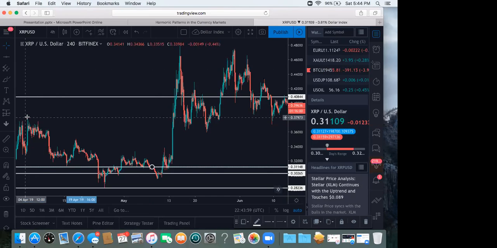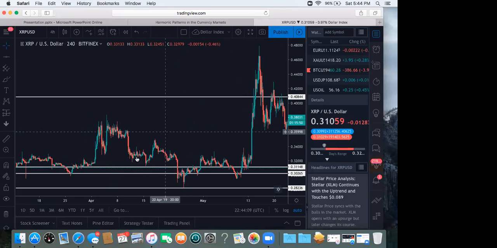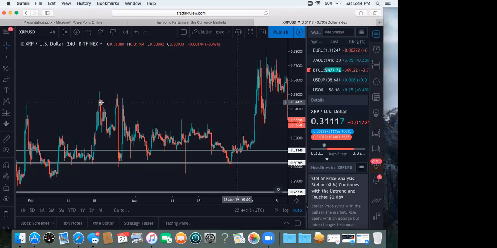So we can put one. Not right here, because you want to look for the triangles, right? See, a little choppy. Cloud, yeah.